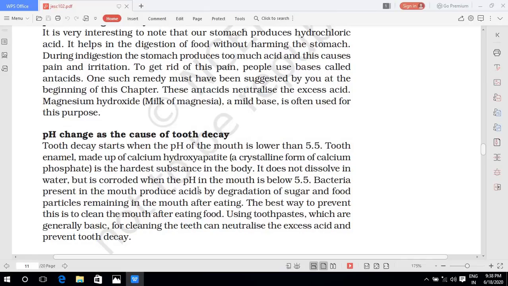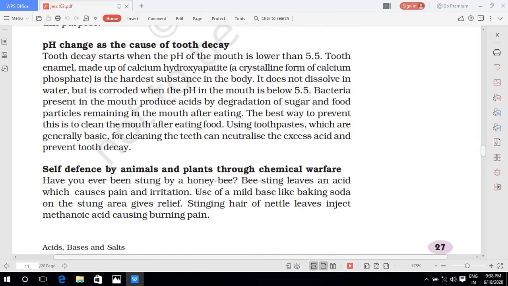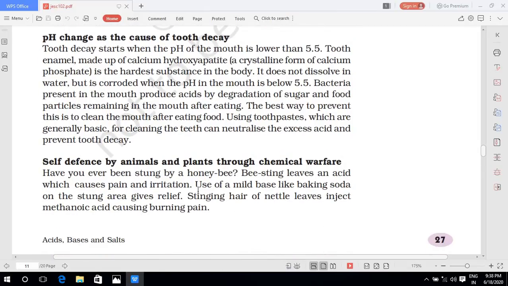The fact is that in the teeth, the food remains are eaten by the bacteria, and the bacteria produce acids, and this acid is actually the reason for decaying of our teeth. So it's very important to maintain the pH value even in our mouth to protect our teeth from decaying.